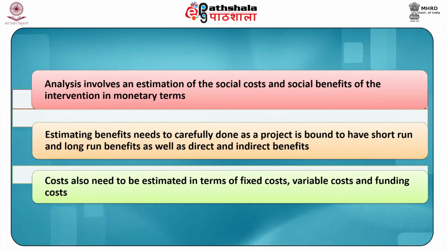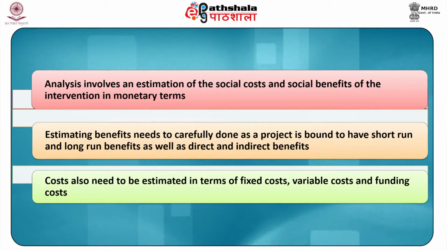Estimating the social costs and benefits of the intervention in monetary terms. The second step in conducting a cost benefit analysis involves an estimation of the social costs and social benefits of the intervention in monetary terms.